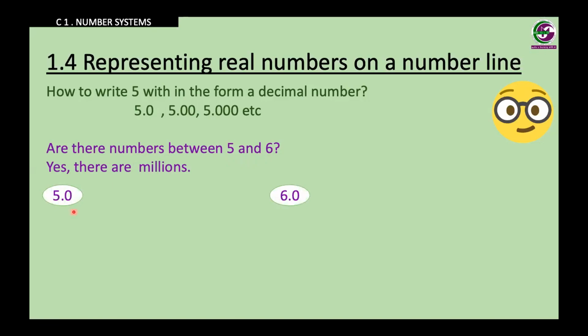So the numbers are 5, meaning 5.0, and 6, meaning 6.0. Look at this now. After 5.0, on the scale that you use for drawing in the notebook, you can see after 5, the small next line is 5.1, then 5.2, 5.3, and continue 5.4, 5.5, 5.6, 5.7, 5.8, 5.9, and there will not be 5.10, instead it will be 6.